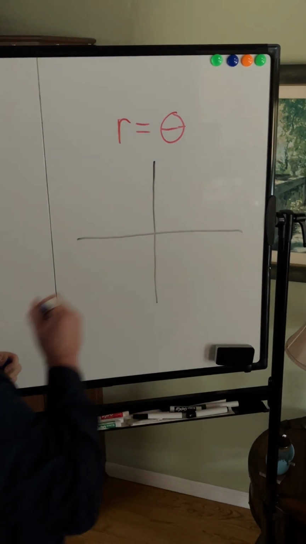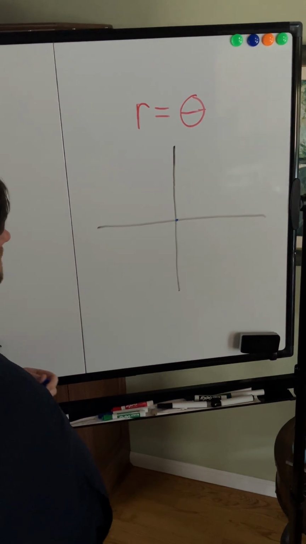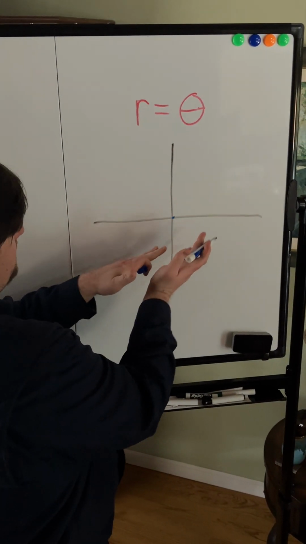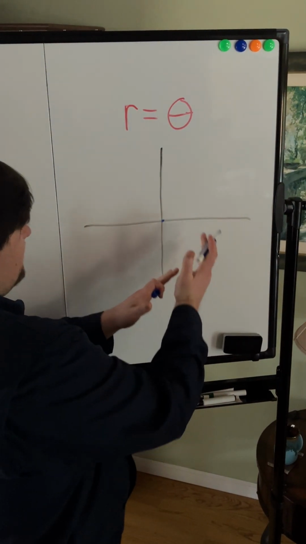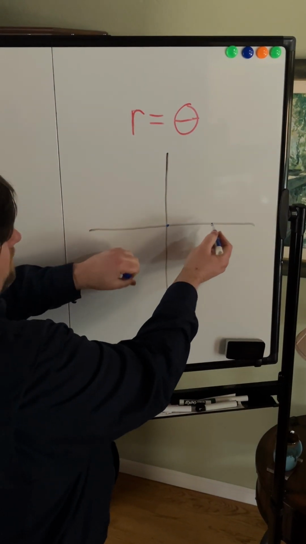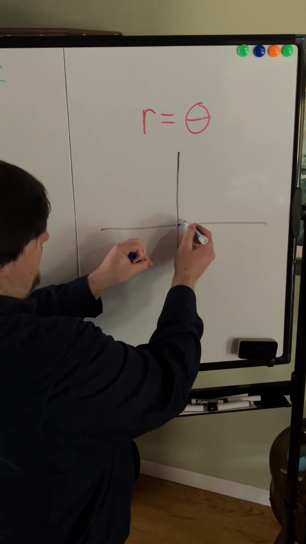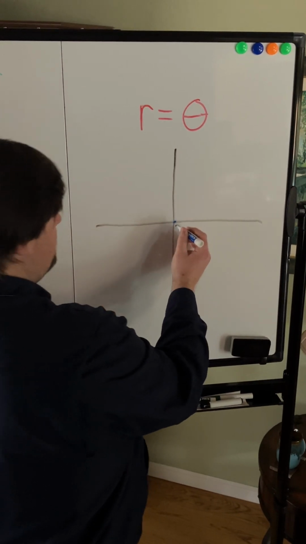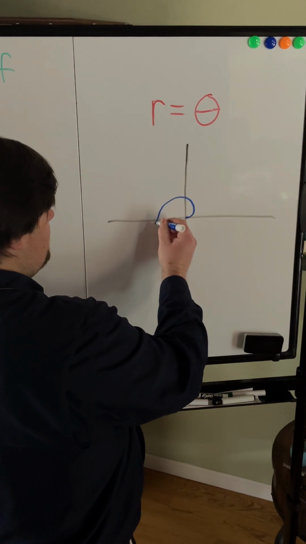Basically what's going to happen is when you're at an angle of 0, you're at an r value of 0. And as your angle increases, your r value increases in a linear fashion. But you can picture, since we're in a polar setup, that's going to actually curve it, but it's not going to grow exponentially. So it's going to end up forming something like this.